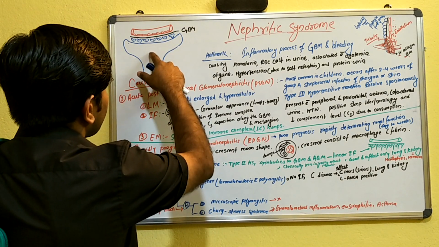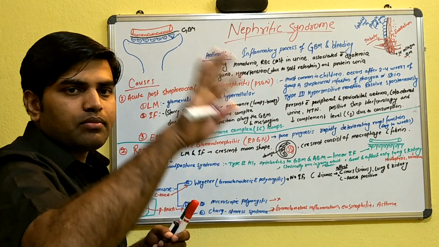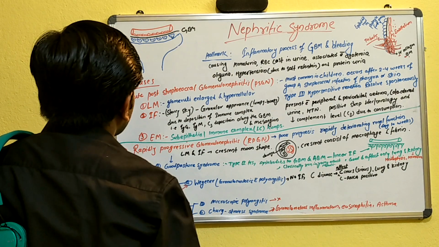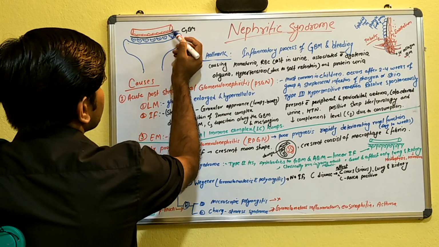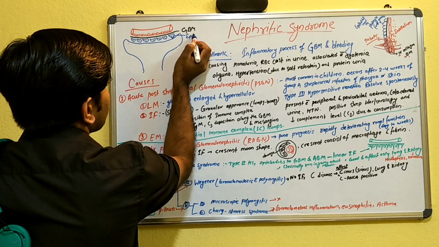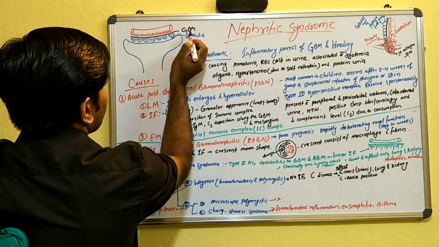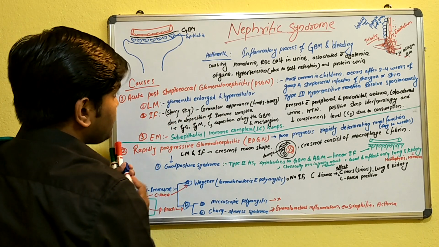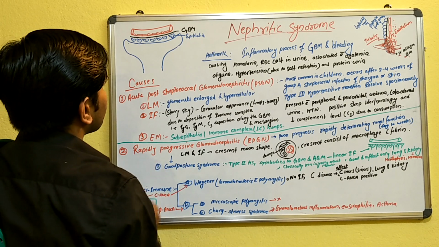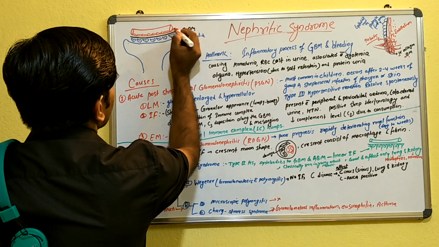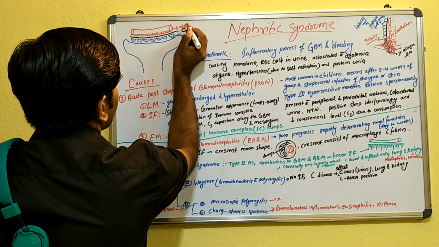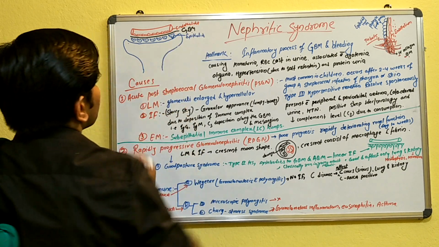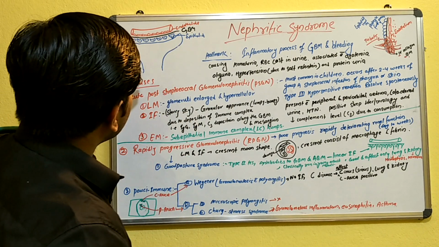The filtration occurs here and the urine formation occurs. Since there are two barriers, this was epithelial and this was endothelium.